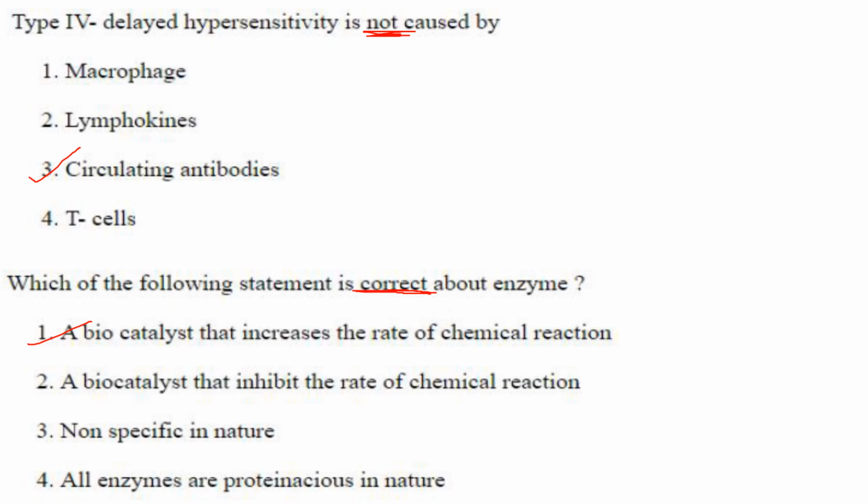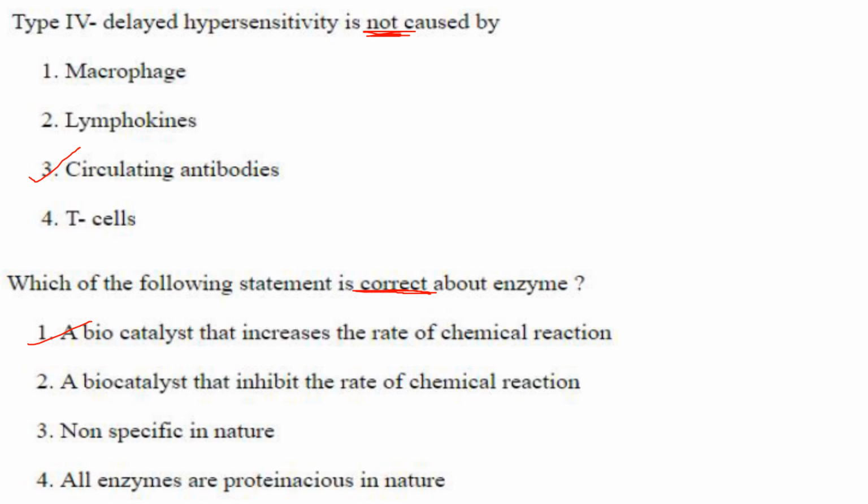So first option, macrophage, is involved in delayed hypersensitivity. Lymphokines are also involved. Circulating antibodies are not involved, and they have asked which is not caused, so circulating antibodies is the answer.